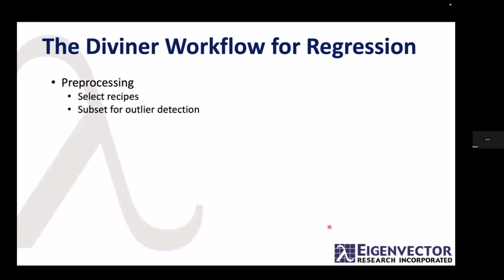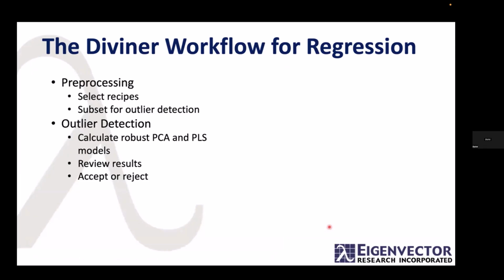The workflow is pre-processing, select recipes, and subset for outlier detection. I'll talk about that in a sec. The outlier detection calculates robust PCA and PLS models. We for years have had robust methods in our toolbox. It really comes from our collaboration with the folks at KU Leuven and their LIBRA toolbox for robust methods.